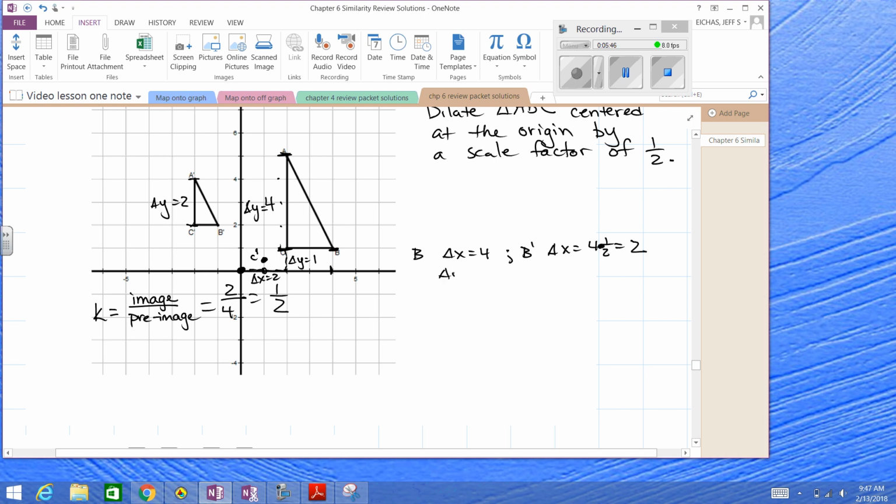Change in y is 1. For B prime, the change in y should be 1 times a half. All right, so that is going to be right there. B prime, A, it's 1, 2, 1, 2, 3, 4, 5.